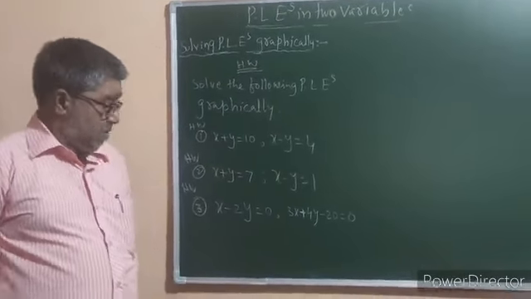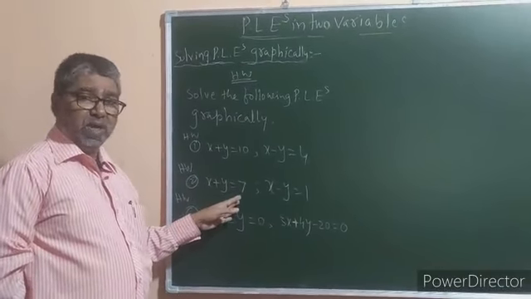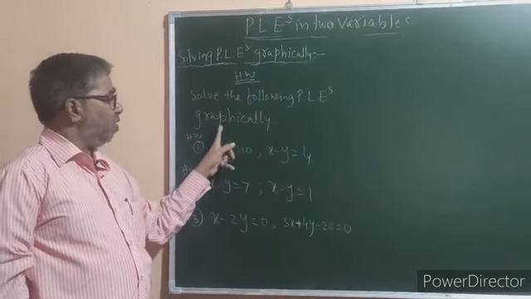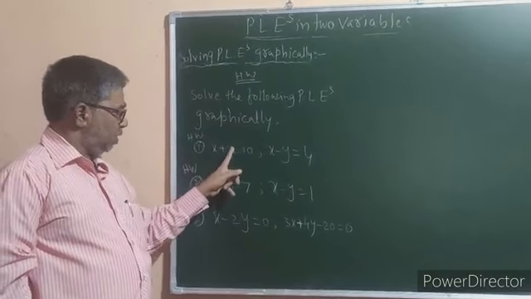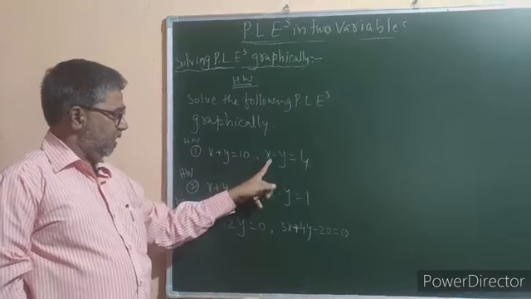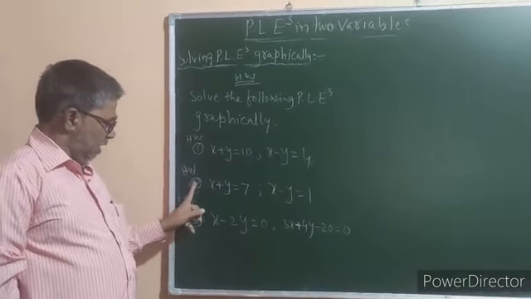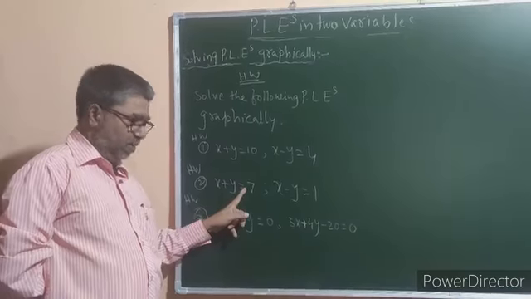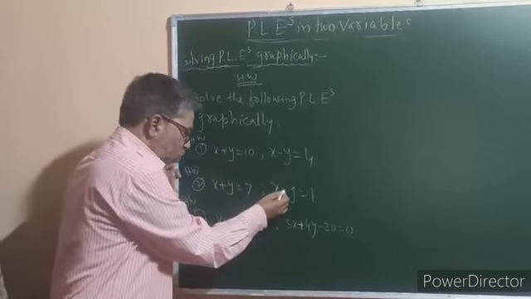Dear students, I have given 3 examples for you as homework. Solve the following pairs of linear equations graphically. Example 1: x plus y is equal to 10, x minus y is equal to 4. Example 2: the first equation is x plus y is equal to 7, the second equation is x minus y is equal to 1.